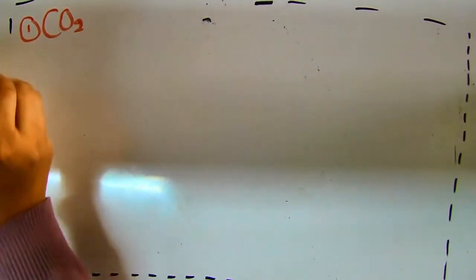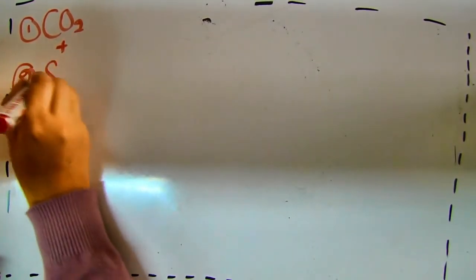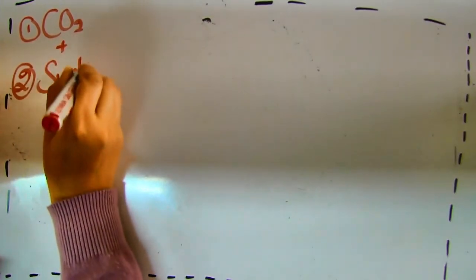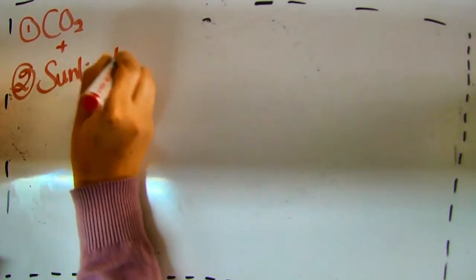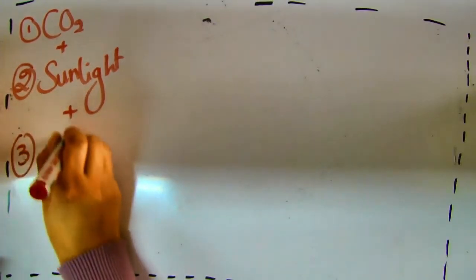How can a green plant carry out the photosynthesis process? Number 1, the plant takes carbon dioxide gas, sunlight, water and mineral salts from the soil.